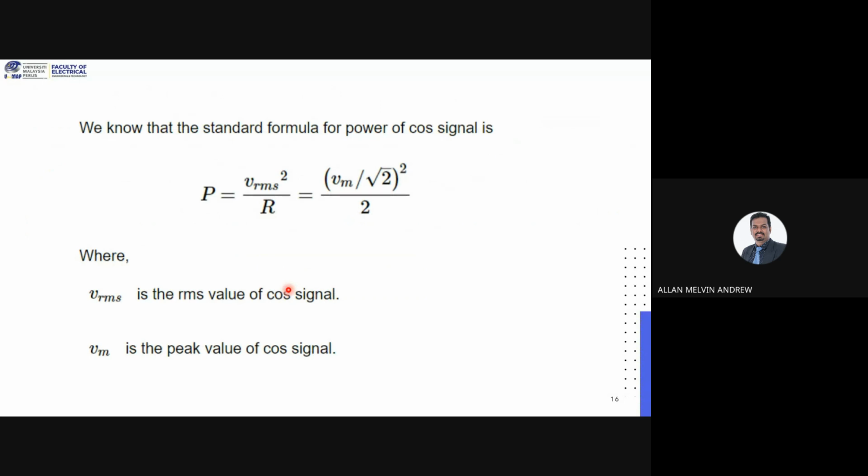We know the power of a cos signal, P equals vrms square over R. This also equals vm over square root of 2, squared, over R. Here vrms is the rms value of the cos signal, and vm is the peak value of the signal, where the cos signal means the signal that you are trying to transmit.